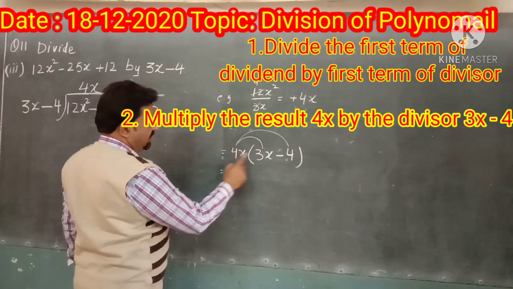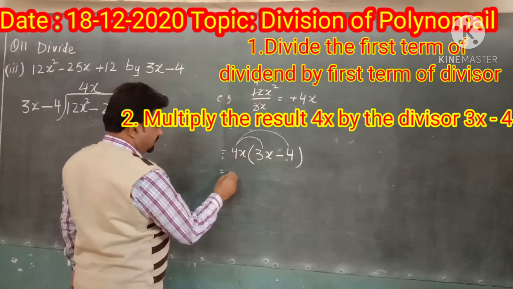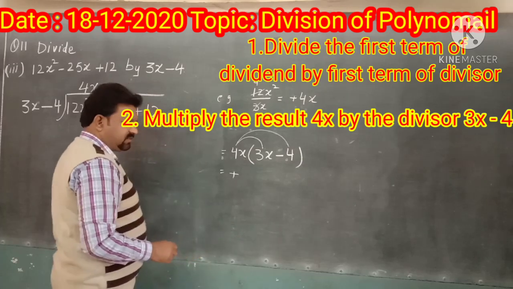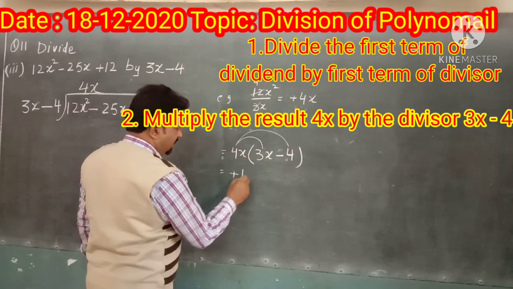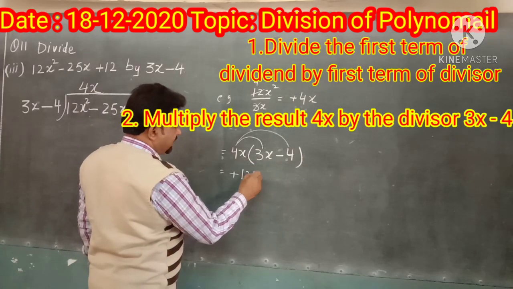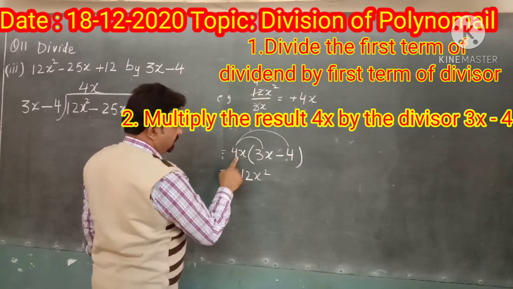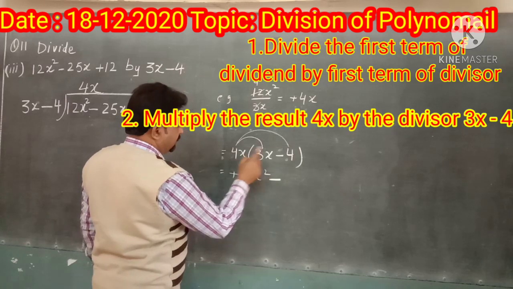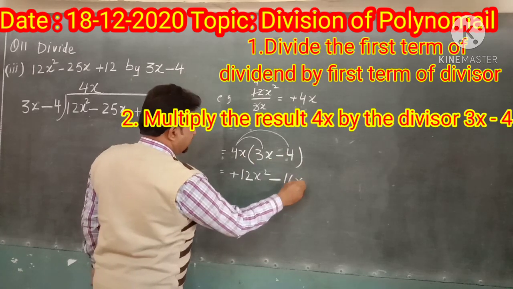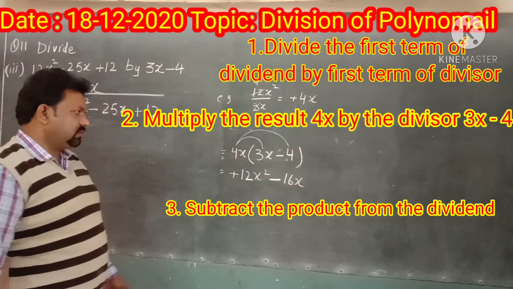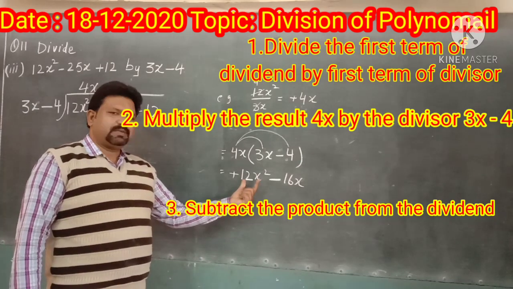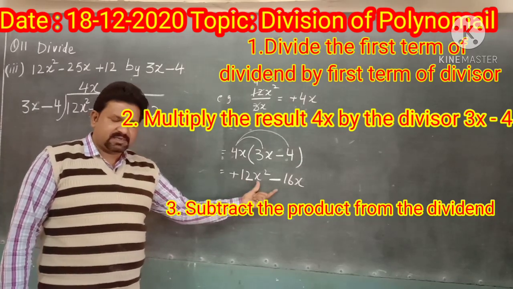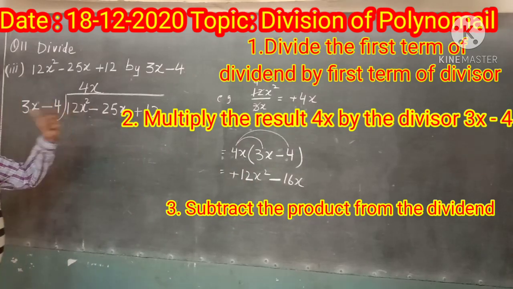Both are positive terms, so the sign will come positive. 4 3s are 12, x multiplied by x is x square, then 4x multiplied by minus 4, plus minus, 4 4s are 16x. Now we will subtract this product from the dividend.